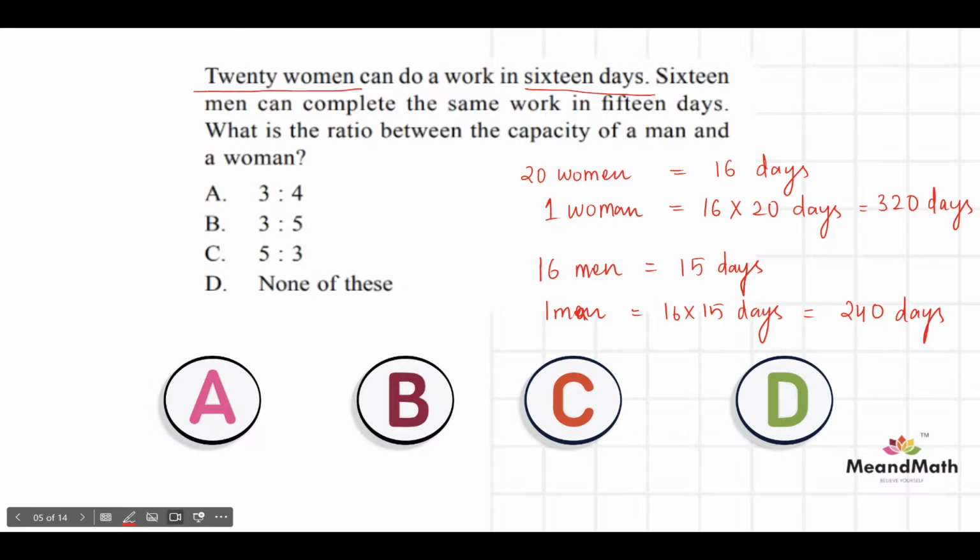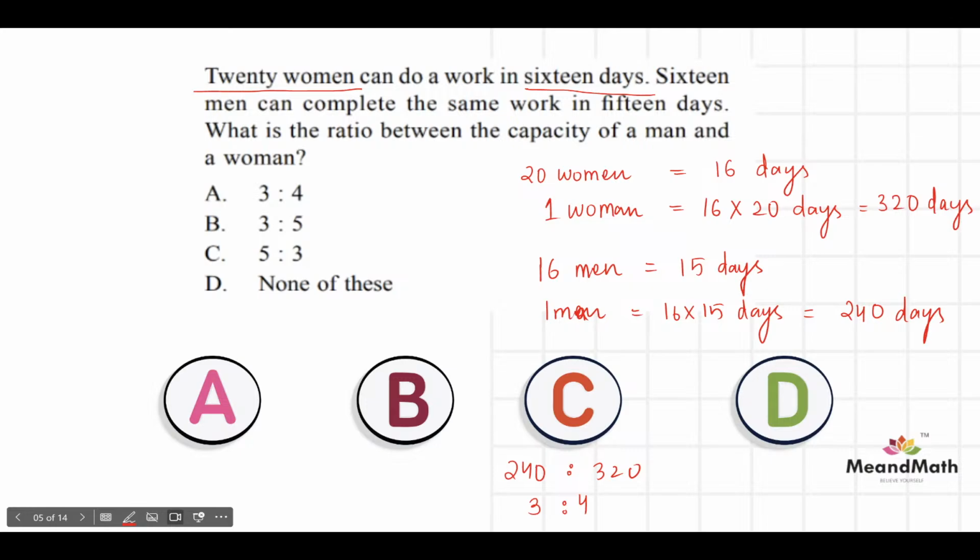What is the ratio of the capacity of a man and a woman? So can we just simplify that? If we do 240 to 320, we can cancel the zeros, and then divide by 8: 8 times 3 is 240, 8 times 4 is 320.